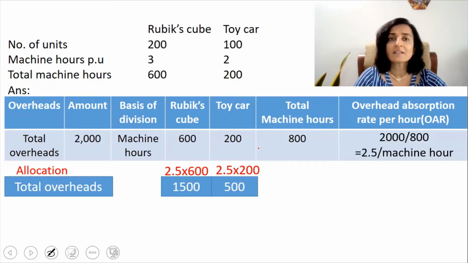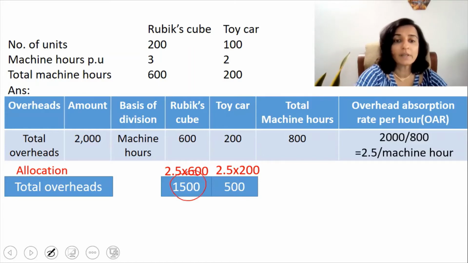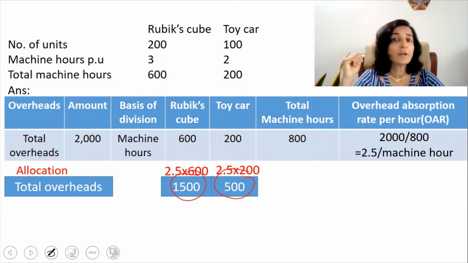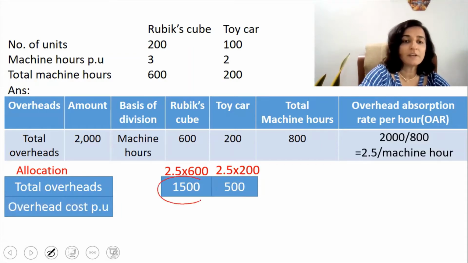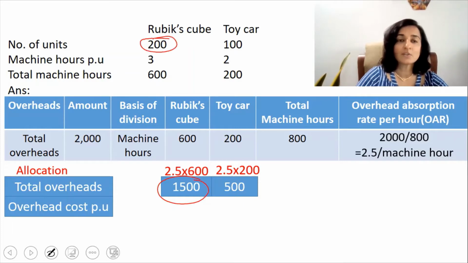Now, what did they ask us to find? They asked us to find the overhead cost per unit. This is the total overheads. So in order to find out the overhead cost per unit, what is to be done? We have to divide it by the number of units. So that's the next step. So overhead cost per unit is $1,500 is the total, divided by number of units, that is 200.